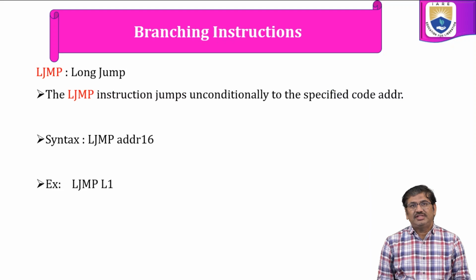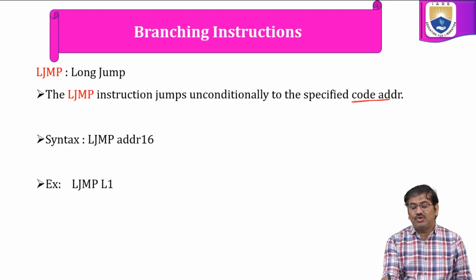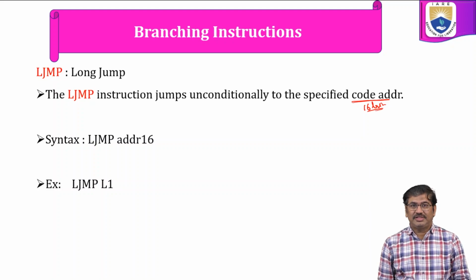The next instruction is LJMP, which is long jump. The long jump instruction is also an unconditional jump instruction. The only variation between SJMP and LJMP is how much displacement can take place. The LJMP instruction jumps unconditionally to the specified code address. Whatever code address you specify, it can have a 16-bit width.